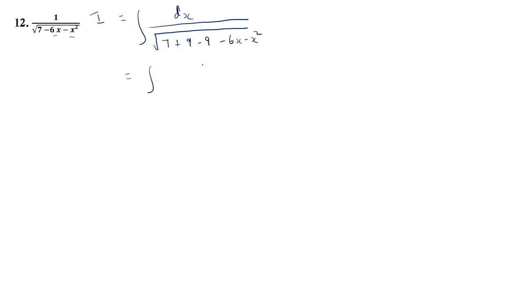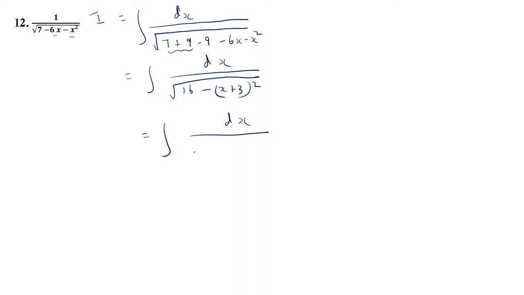So this is equal to integral dx divided by square root of 9 plus 7 is 16 minus of x square plus 6x plus 9, which is nothing but x plus 3 the whole square. So this is equal to integral dx divided by square root of 4 square minus x plus 3 the whole square.